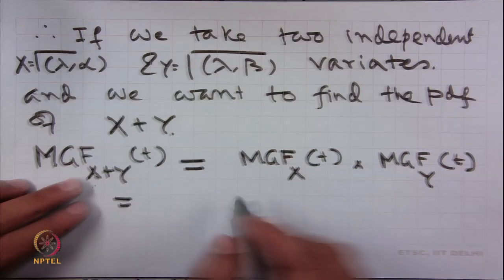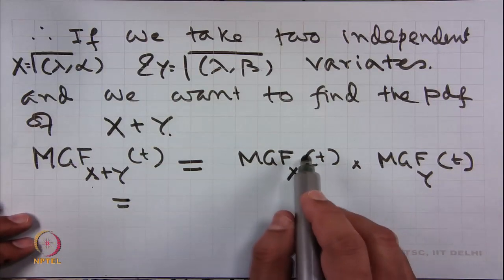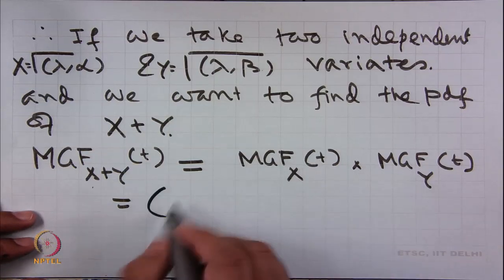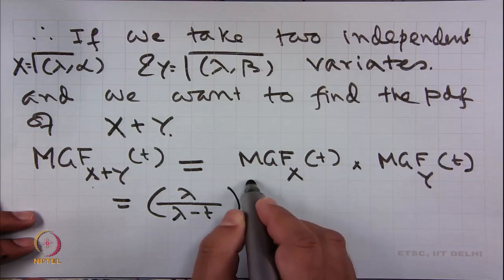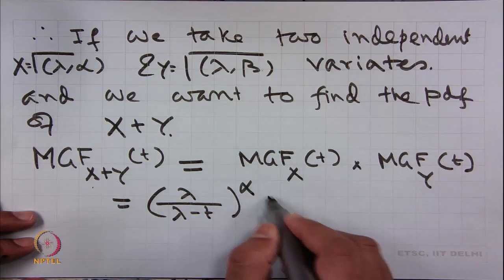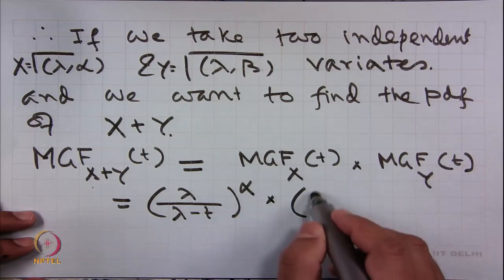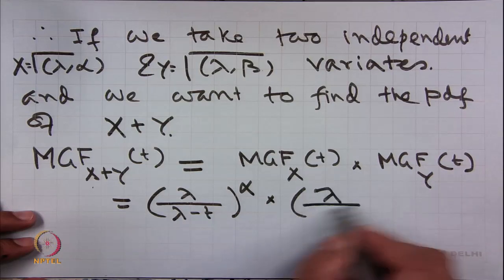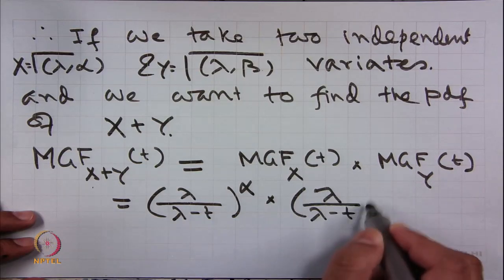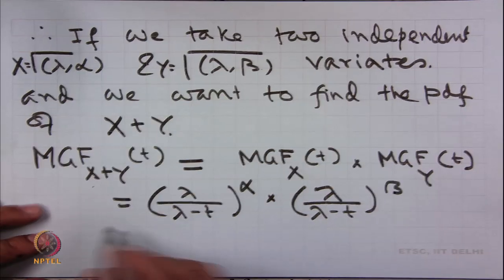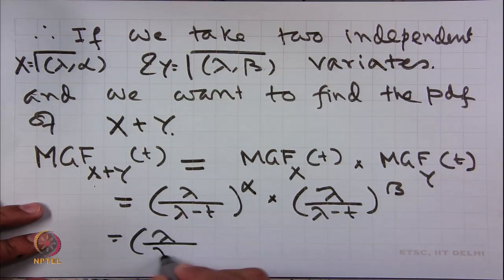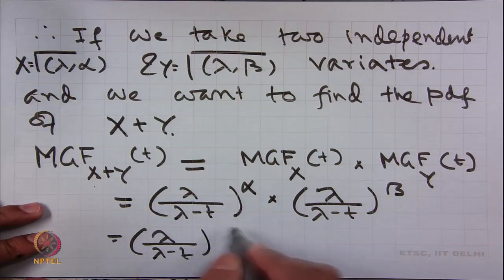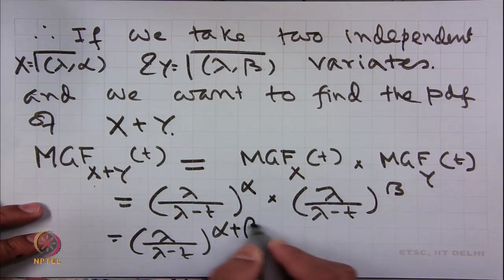And just now we have found out that this moment generating function is lambda upon lambda minus t whole to the power alpha. This is similarly going to be lambda upon lambda minus t whole to the power beta. Therefore, the product becomes lambda upon lambda minus t whole to the power alpha plus beta.